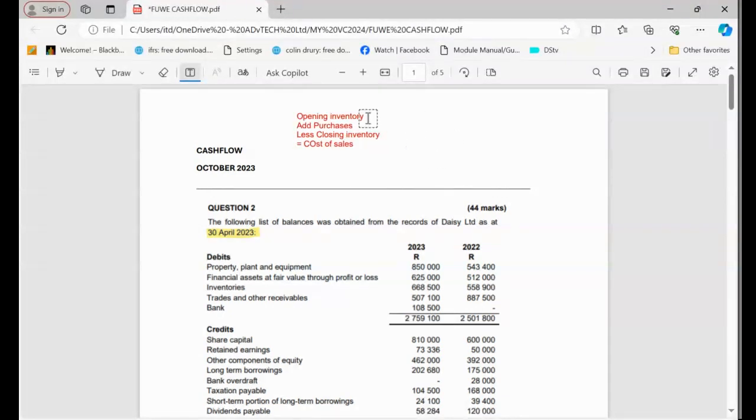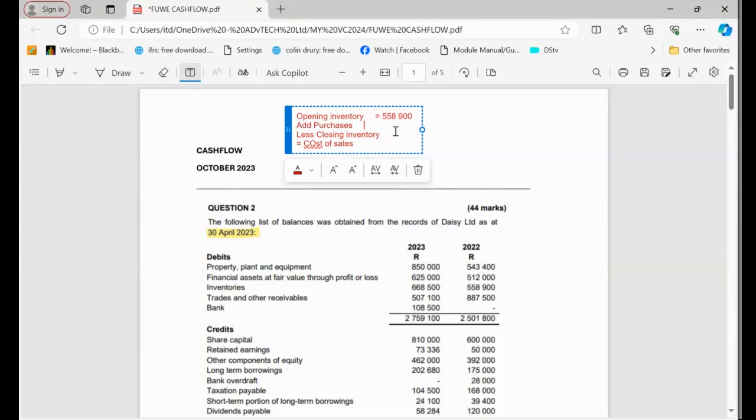So we can follow the same. We have our opening inventory. Can you see now? Yes. I'm just giving an example. Opening inventory in this case is going to be 558,900.